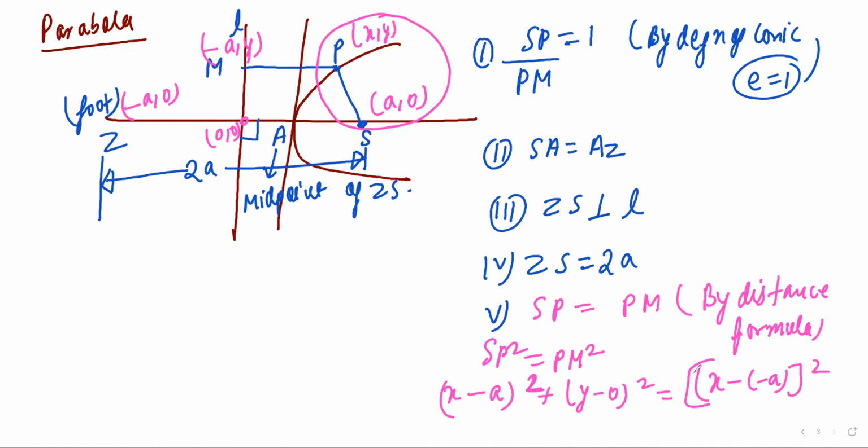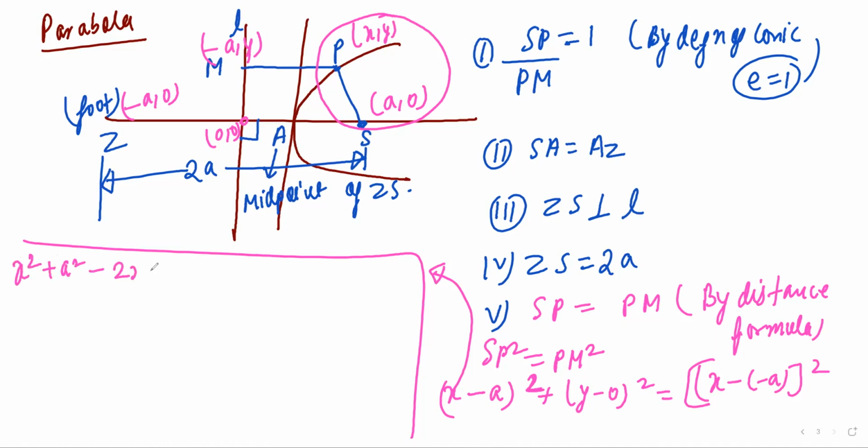Right. So what is the next point then? Now solve this equation. I am solving here. So it is x square plus a square minus 2xa plus y square is equal to x plus a whole square, which is x square plus a square plus 2ax. So x square and x square will get cancelled, and a square and a square will get cancelled.